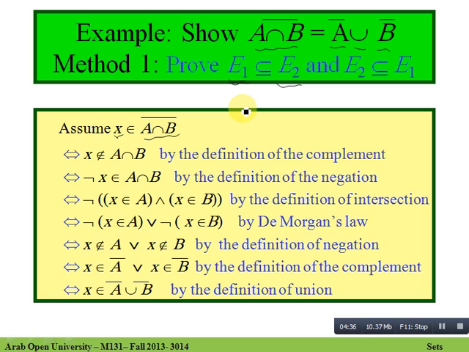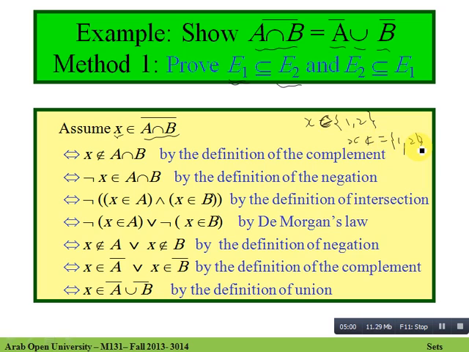Now if an element belongs to some complement, then that element does not belong to that set. For example, if X is equal to 1, 2, X belongs to the set 1, 2, then X does not belong to this set.